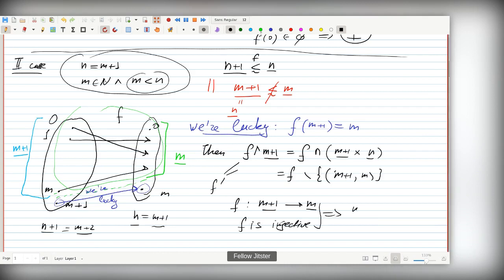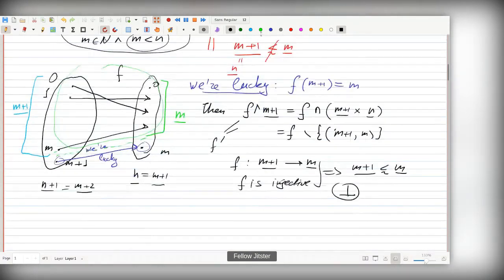So we see that m plus 1 is embeddable into m. A contradiction, because m plus 1 is not embeddable into m. Our luck was in that m plus 1 is mapped into m.